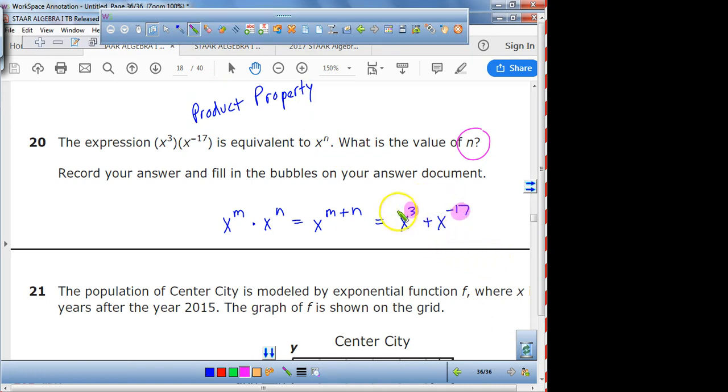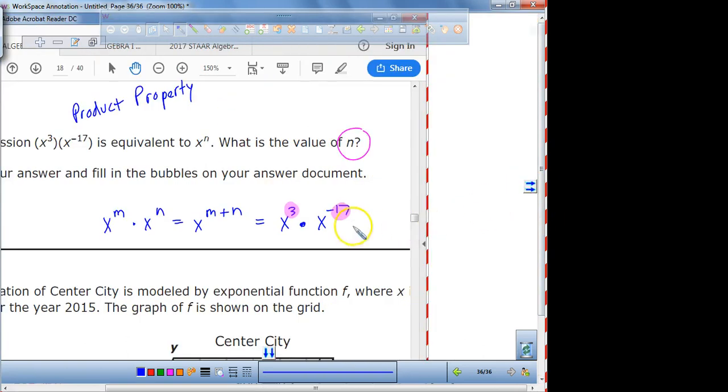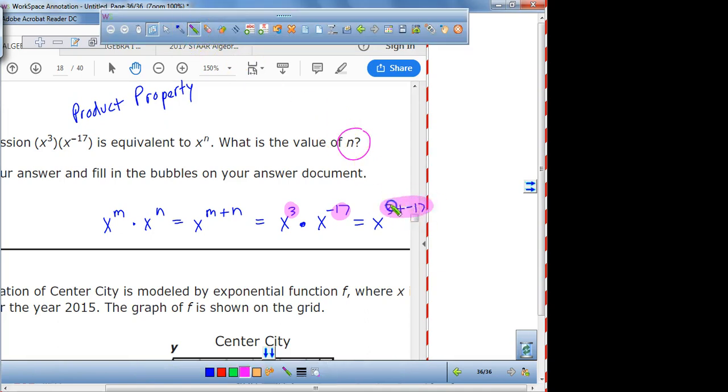Those would be times. What are we allowed to do with those? Add those together. And what is the sum of 3 and negative 17? Negative 14.